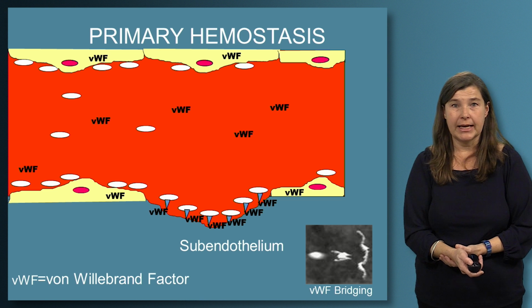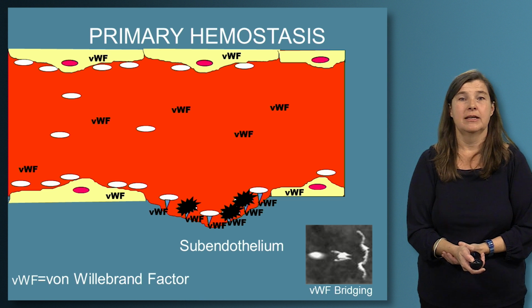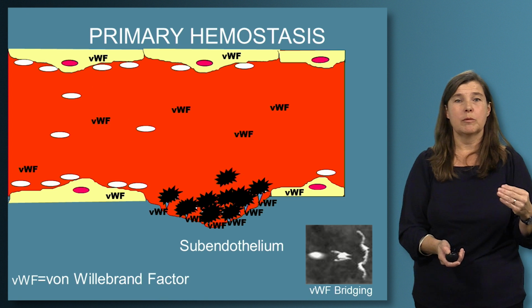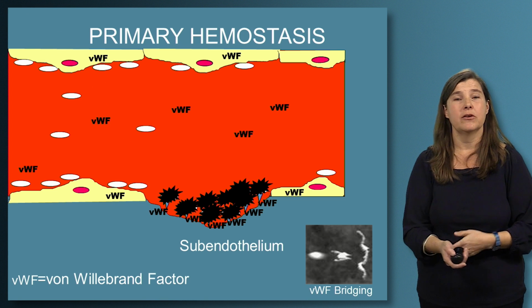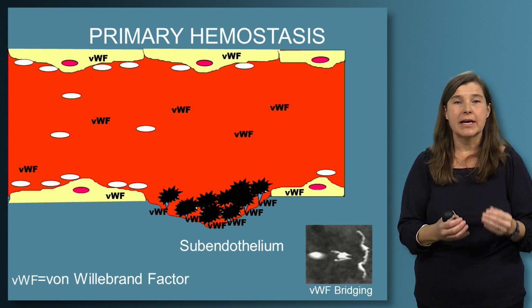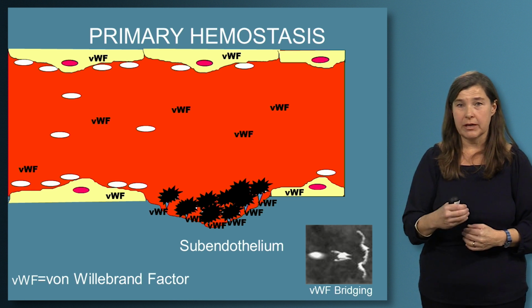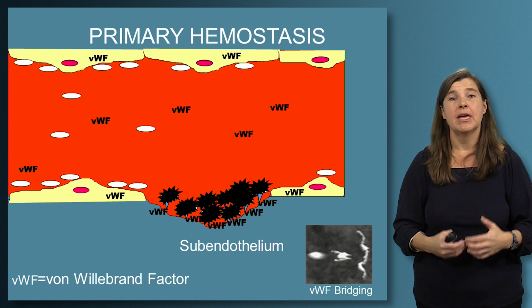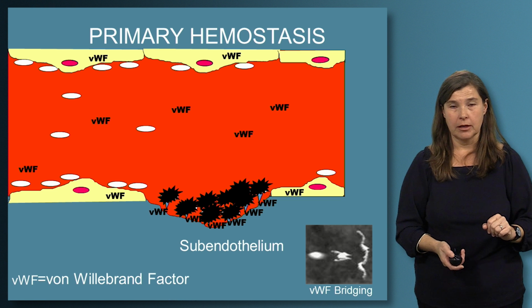As soon as they bind, they get activated. And as they activate, they all start talking to each other, they recruit more platelets, and now they all stick together and aggregate and form the platelet plug. So none of that can happen without von Willebrand factor acting as the bridge between the damaged endothelium and those platelets that are rolling along.